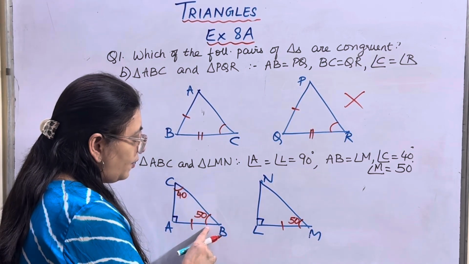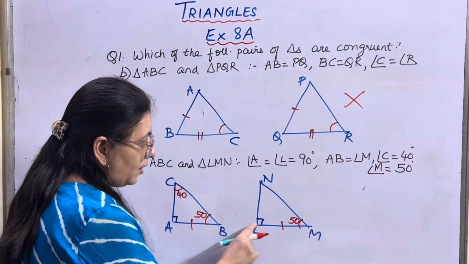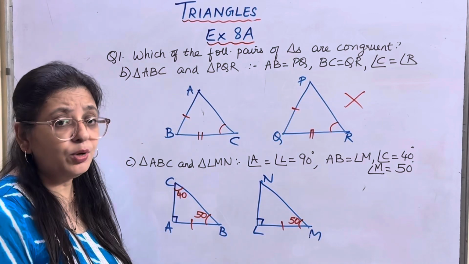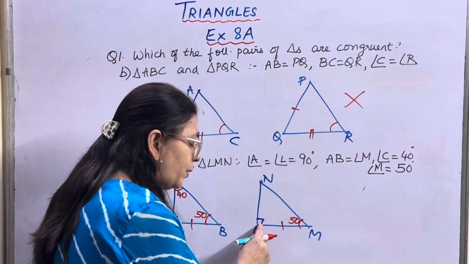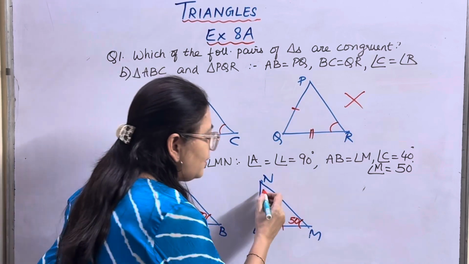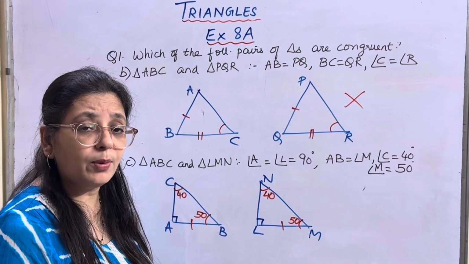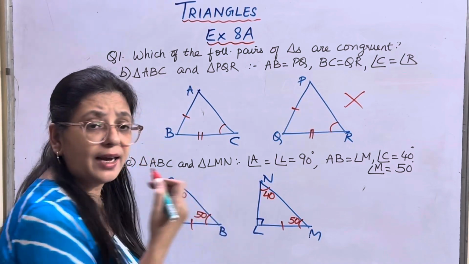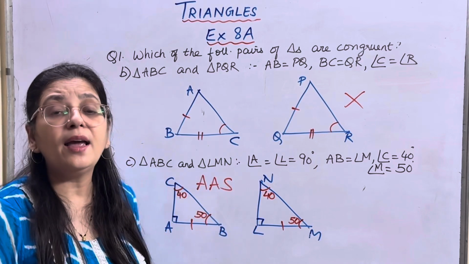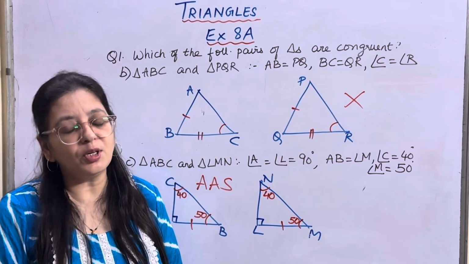Over here, 50 degrees, 50 degrees. So by which test? Angle, angle, side. Or over here also, 90 plus 50 is 140, so this angle will become 40 degrees. So the three angles are equal and one side is given to you. So these two triangles are congruent by the angle, angle, side test. Okay, is it clear? Come on, let's go.